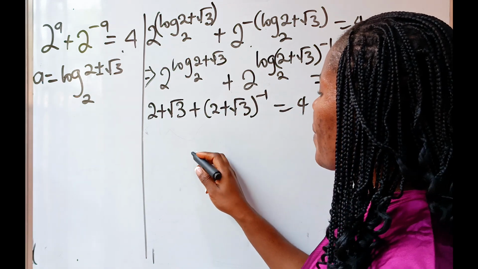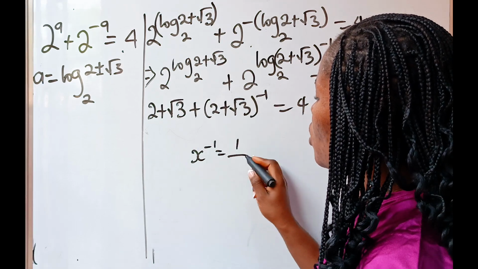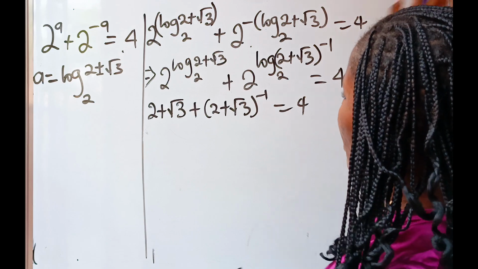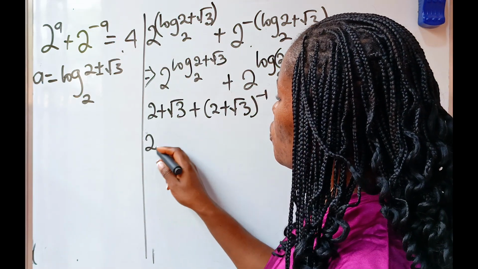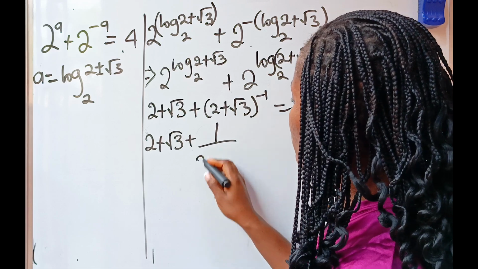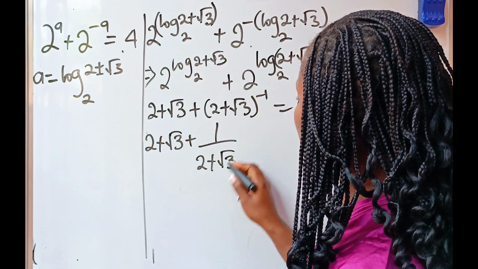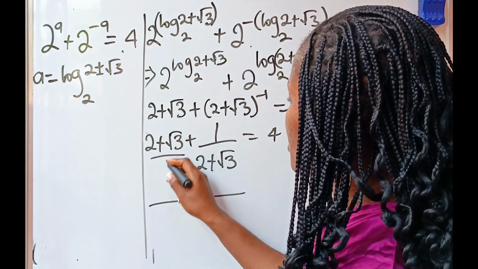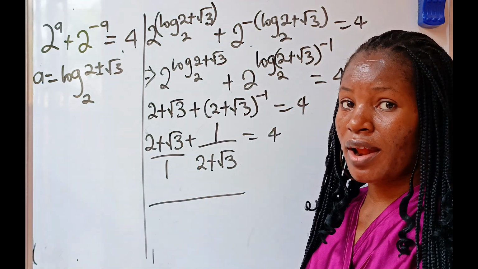Okay. Now remember that x to the power of minus 1 is 1 over x. So that simply means that we can write this as 2 plus root 3 plus 1 over, because of minus 1, 2 plus root 3 is equal to 4. Now the LCM of this and this, because this is the same thing as 2 plus root 3 divided by 1.